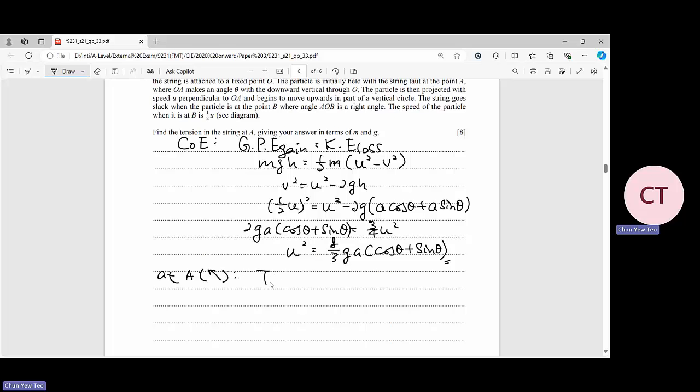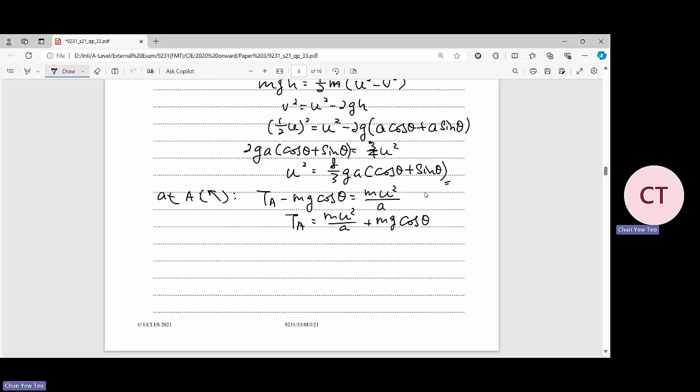You will have TA minus mg cos theta equals mu squared over A. So your TA will be equal to mu squared over A plus mg cos theta. Okay, so if you replace it inside, this is a 1, this is a 2. So 1 into 2.